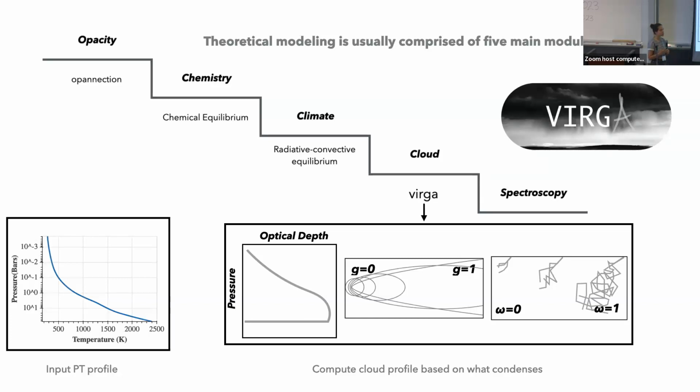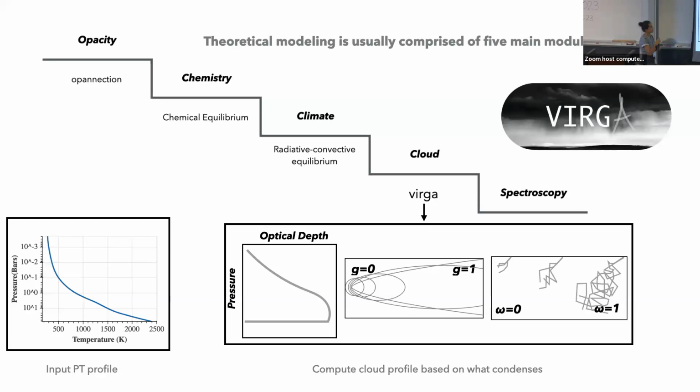You're going to compute chemistry, compute the climate, and take that climate and compute the cloud. So there's no feedback between the clouds that you produce and the climate model. But we are actually currently working on putting in those capabilities within Virga. If you're interested, please come talk to me.